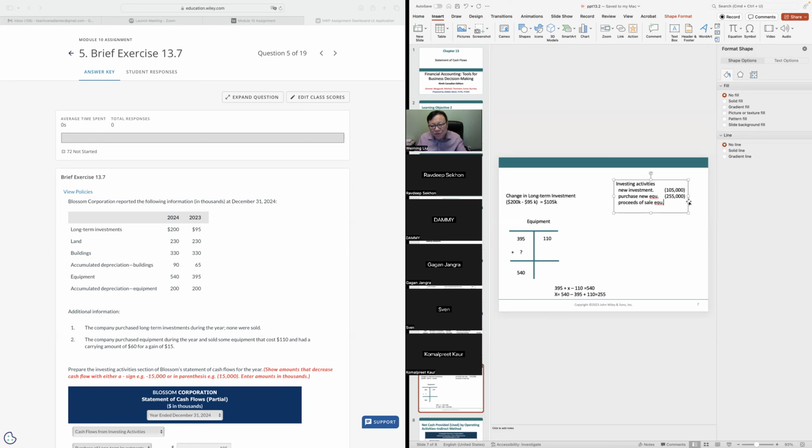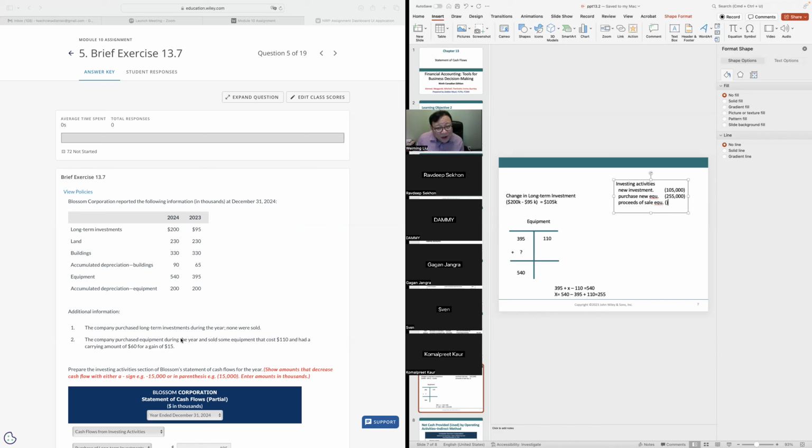How much did you sell that equipment for? Do you know? Well, it was not given directly. You had to figure it out by yourself. How can I know the proceeds of the sale of the equipment? So the carrying amount is 60, right? The carrying amount is 60, and you sell it for a gain of 15.